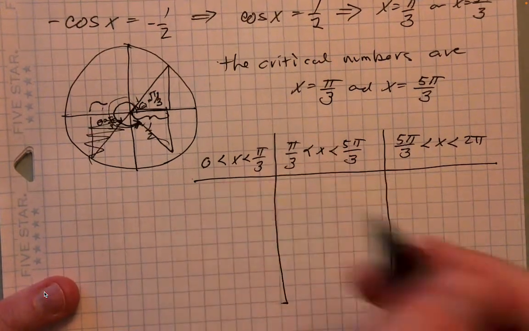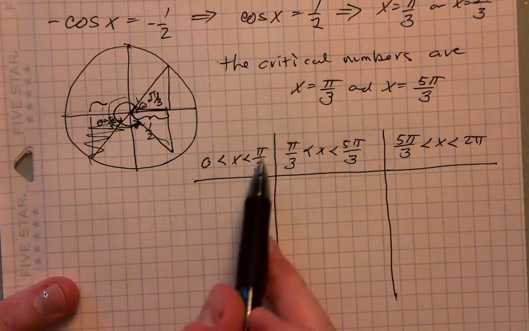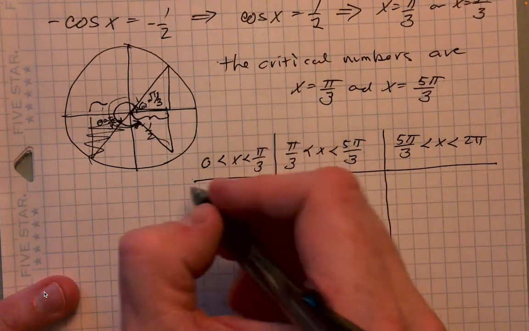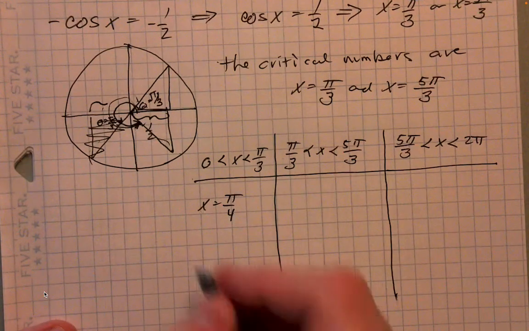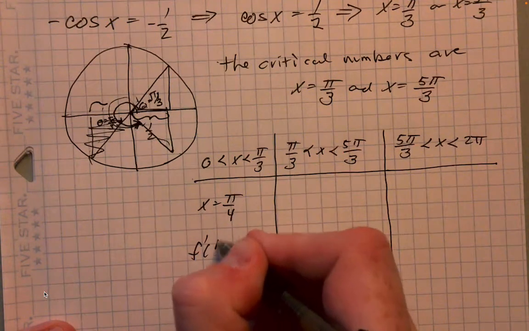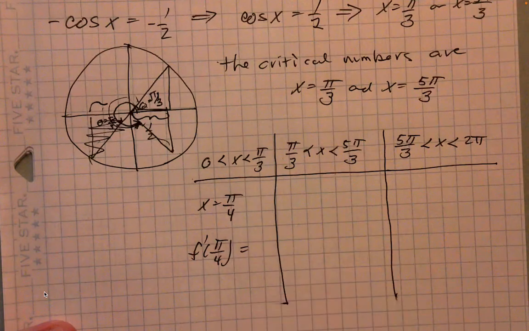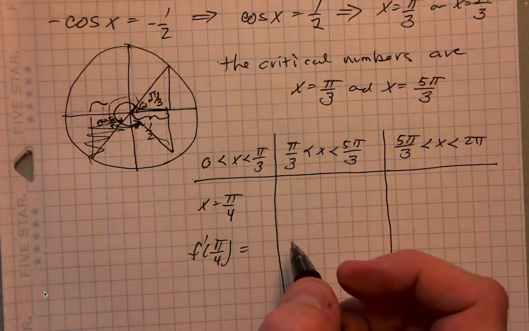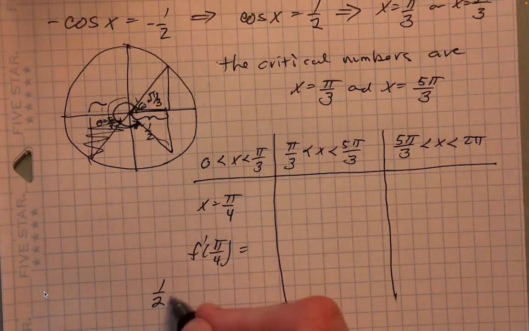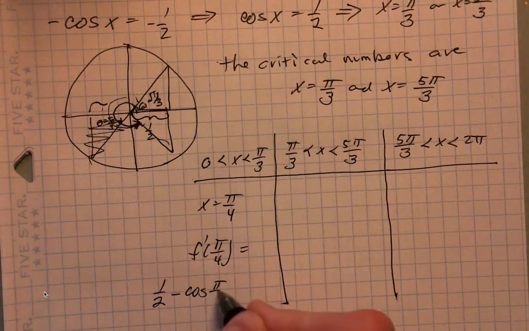All right, so we're going to test a value here. So let's test an x in this range. Well, a good one to test would be x equals pi over 4. Right, and so f prime of pi over 4, that's going to be equal to, let's see, 1/2 minus cos of pi over 4.